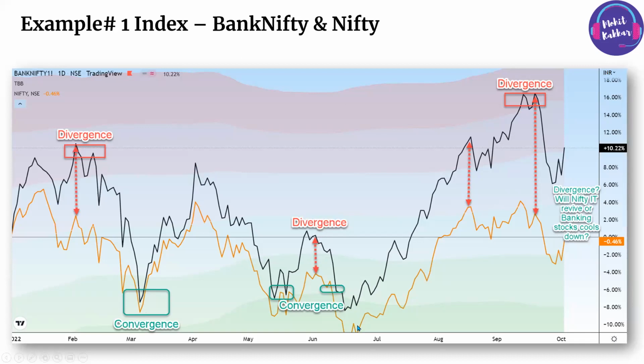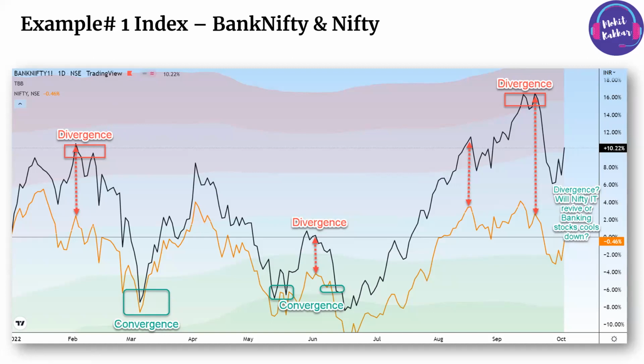They converged. And then from June onwards, you see Bank Nifty has been outperforming Nifty. There is a divergence. The pair here continued to drift away. Now here a very good divergence got created. This came under our radar. This is the daily chart. On a daily chart, the bank index will give you very rare opportunities, once or twice in a year, looking at the history.